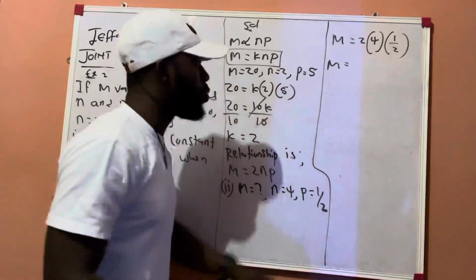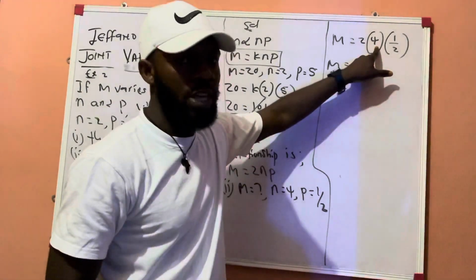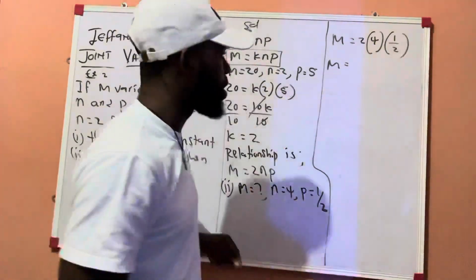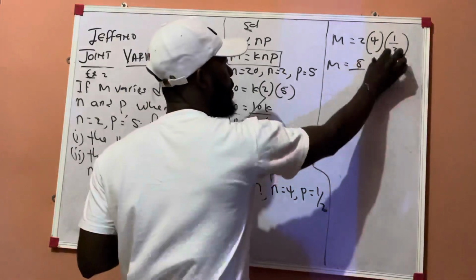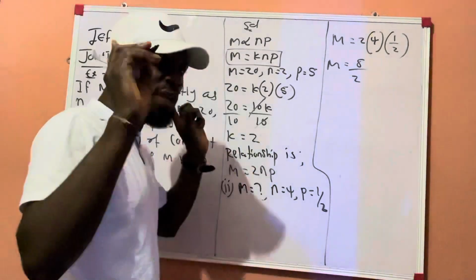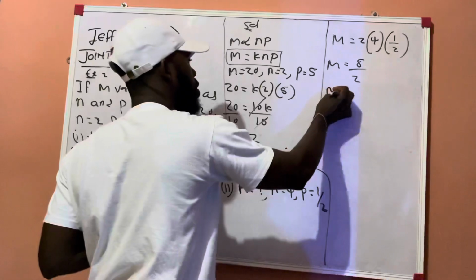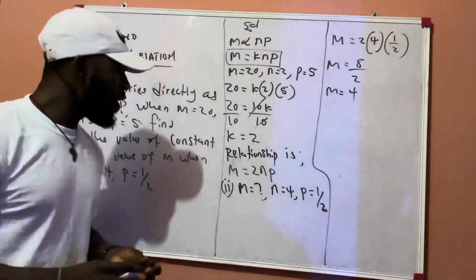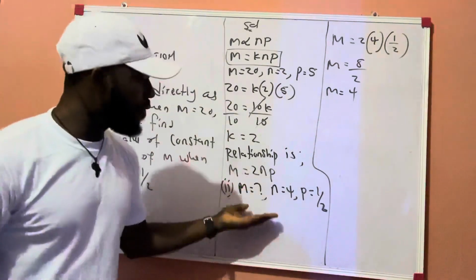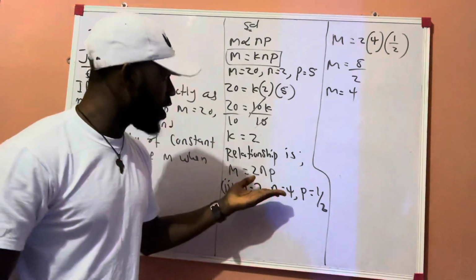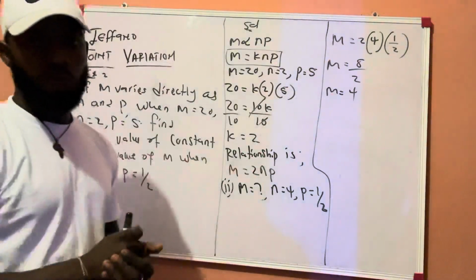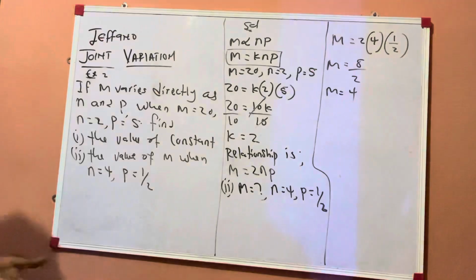M is equal to 2 times 4 gives us 8. 8 times 1 gives us 8. So we have 8/2. Now, class, 8/2 will give us just one answer, which is what? 4. So it means if we find the value of M, given these values and this what? Relationship, the value of M will give us what? 4. Example number 2.